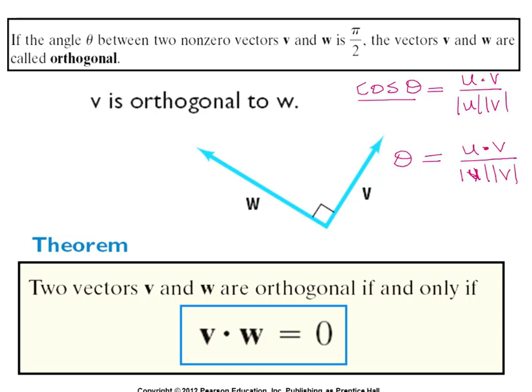Well, the only thing we really care about is that u dot v equals 0. So we don't even care about the magnitudes. So that's where we get this formula: if two vectors are orthogonal, the dot product is equal to 0. Okay?